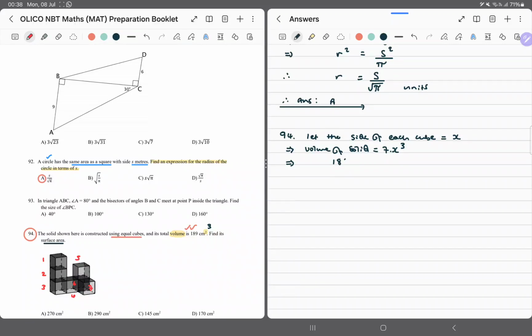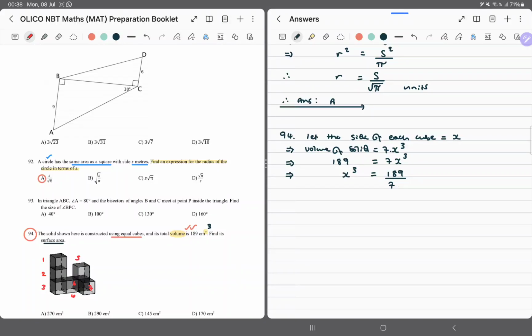So we've got 189 equals 7x cubed. So this implies that x cubed is basically 189 divided by 7.